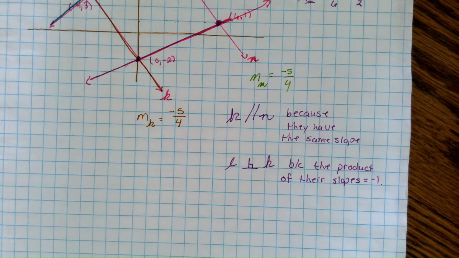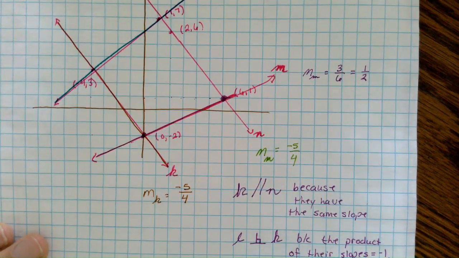So if you check your slopes, you can actually find out a lot about how lines are related. And eventually we'll use it to find out how shapes have information on them. Okay? But, you know, you can also just visually see it.